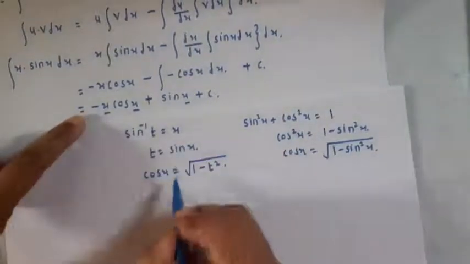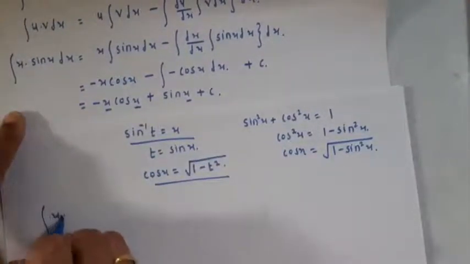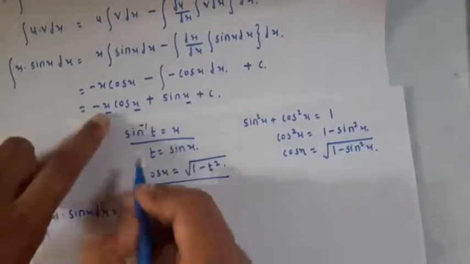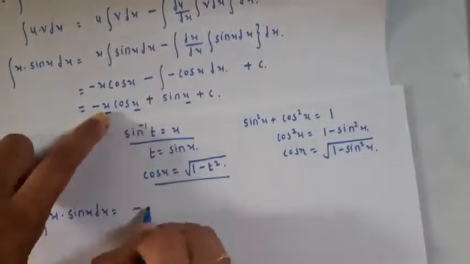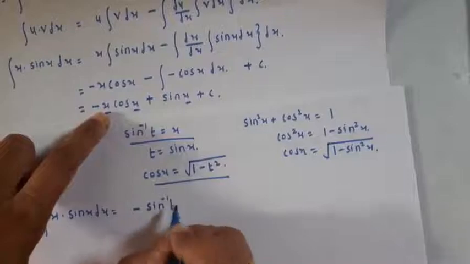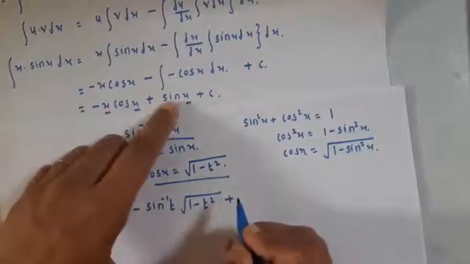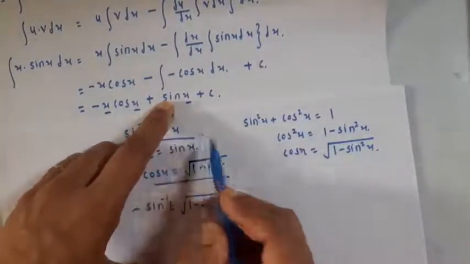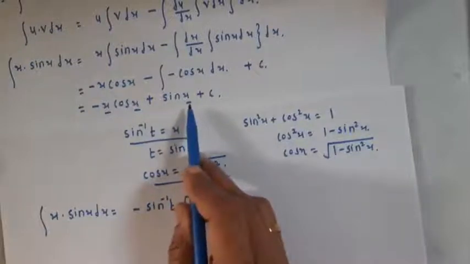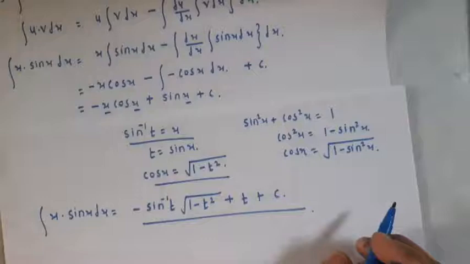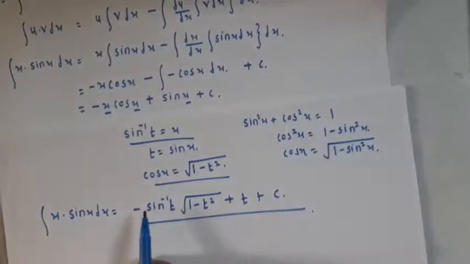Put the values in the answer and we will get: the integration of x into sin x with respect to x is x, minus sin inverse of t, the value of cos x is 1 minus t square, plus again sin x, the value of sin x is t, plus constant of integration c. And this is the answer, or the solution for the given problem.